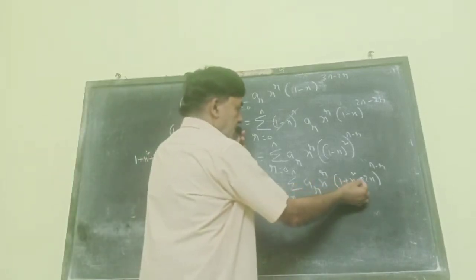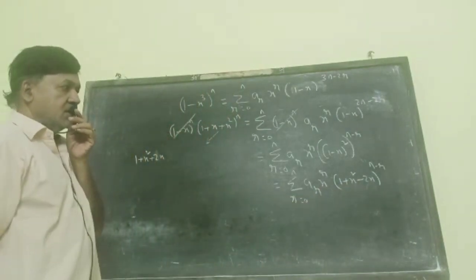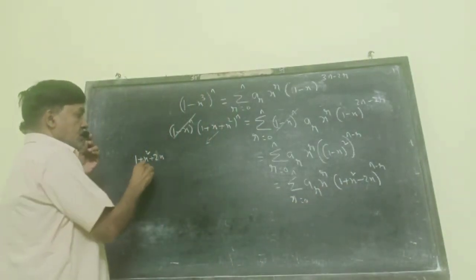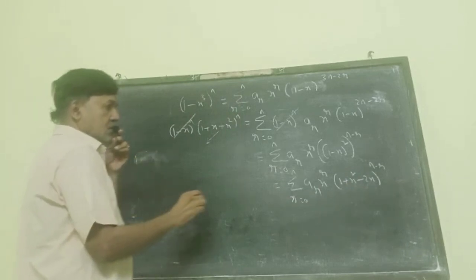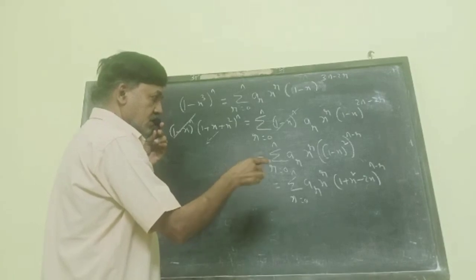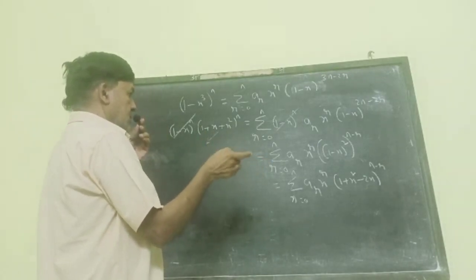Now, if you add this plus this, what are you going to get? Minus x, is it not? So therefore, shall I consider like this? 1 plus x square minus 2x plus x means 1 plus x square minus x.